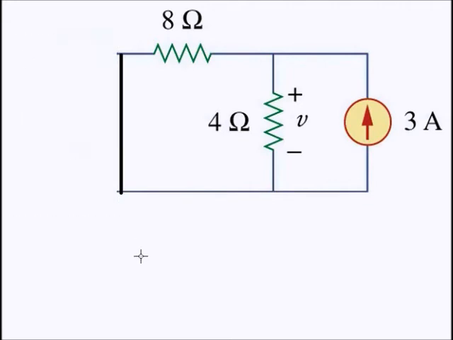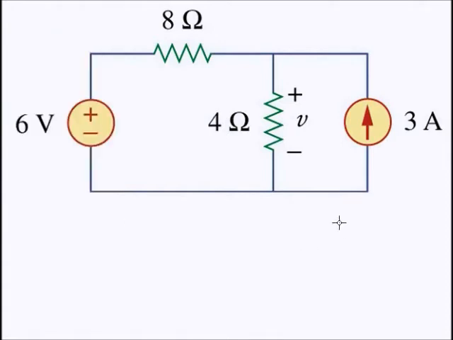This is the meaning of short circuit. If you want to solve for the current source, you need to make it an open circuit. How? You just open this circuit, and this circuit is open.